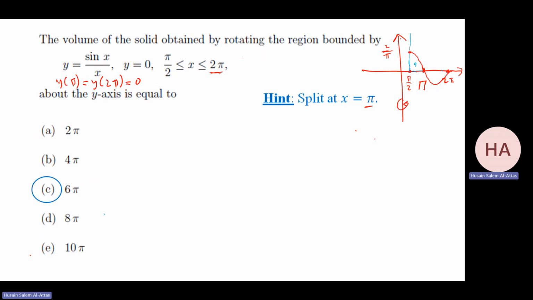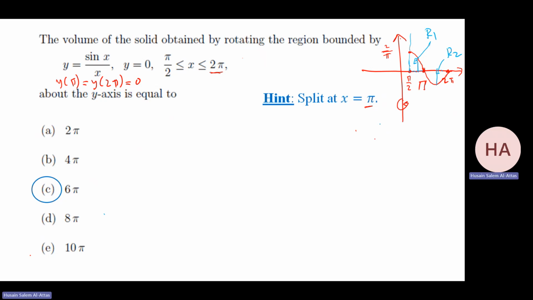So I'm talking about this region and this region. I have two regions, so I have two volumes. This is one, this is the second one, and they are going from different values. So let me call this region 1 and this region 2.